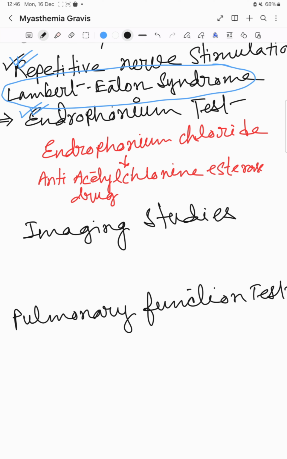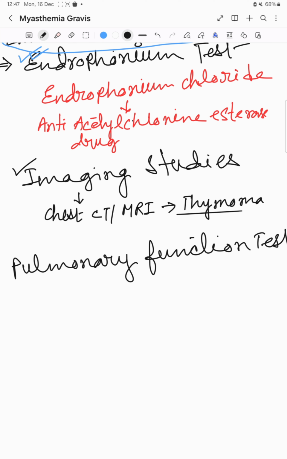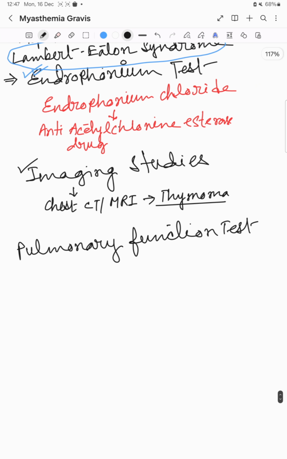And then another thing is imaging studies, that is CT scan or MRI, to identify thymoma, and this is a very important point. Imaging studies means a chest CT or MRI to detect thymoma. We will come to thymoma after this.